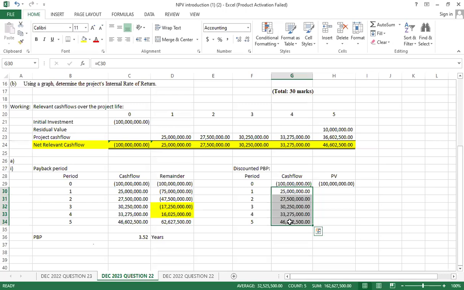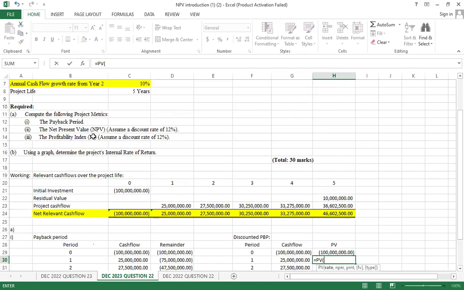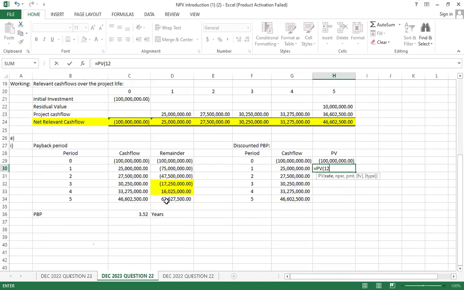Remember, we already taught how you get present values of future cash flows. For the first one, I'll say equal to PV, in bracket the rate. What was the discount rate? We are told to assume 12%. NPER is the period, now this period 1.